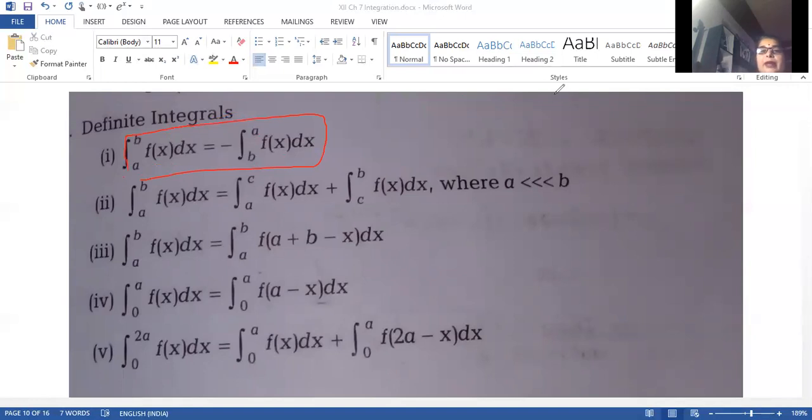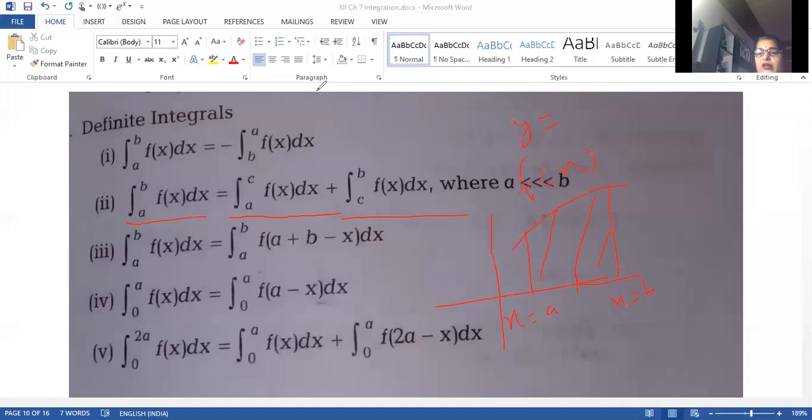Clear? Then the next property is the integral from a to b of f(x) dx is equal to the integral from a to c of f(x) dx plus the integral from c to b of f(x) dx. Now what does it mean? I told you, when you have a graph y is equal to f(x), the integral gives you the area under this curve. We have x is equal to a here and x is equal to b here.